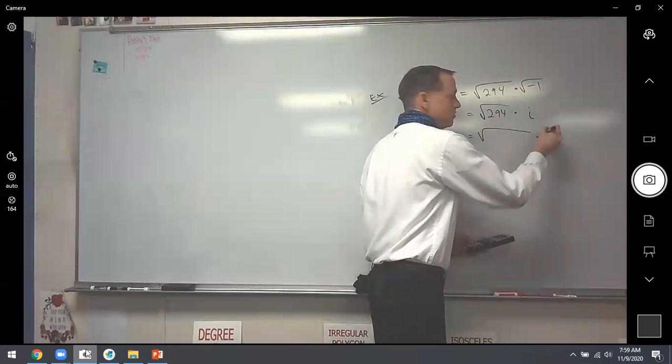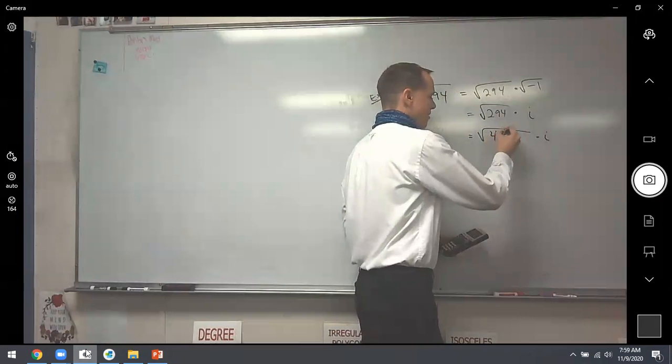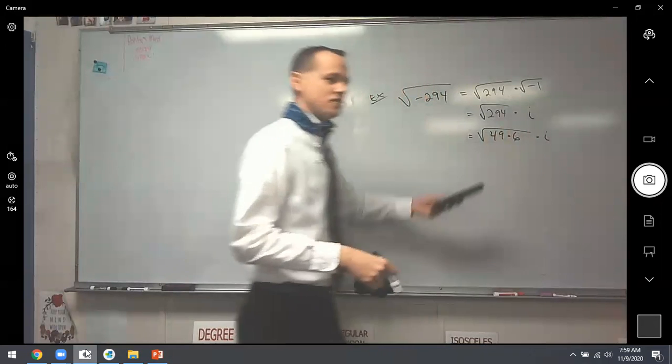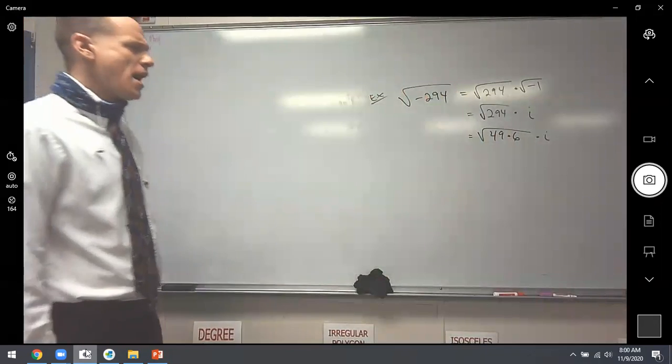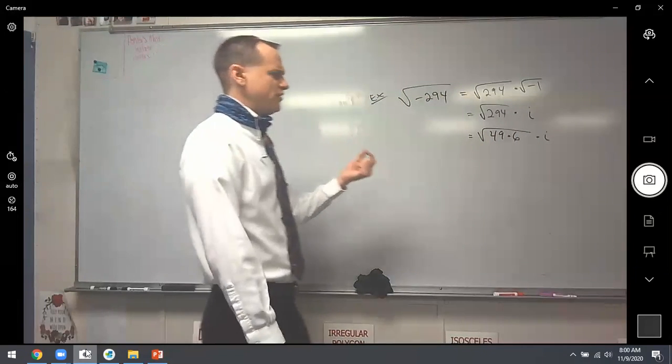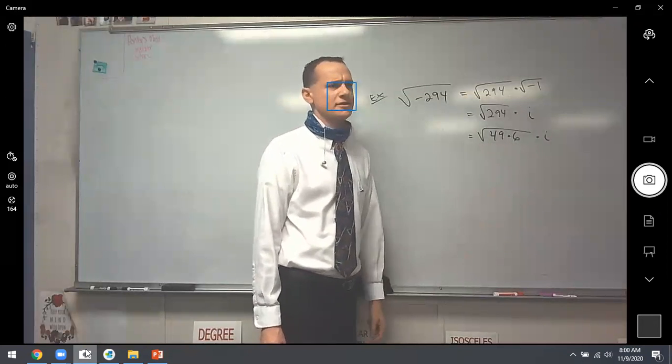Now, I don't expect you to know this thing right here, but 294 is the same thing as, try to get the gist, and if you get this, then in the future, life will be better. If not, don't sweat it today. I'm going to take 294 and turn it into 2 different numbers. Trust me on this. I just checked my calculator. It's the same thing as 49 times 6.